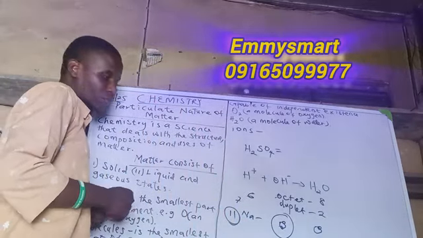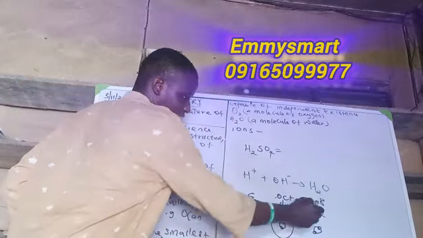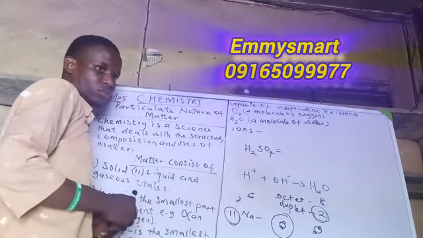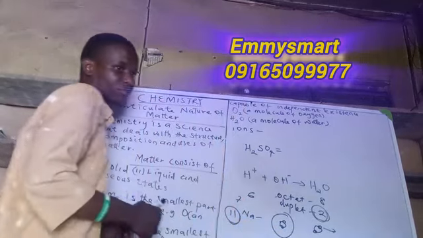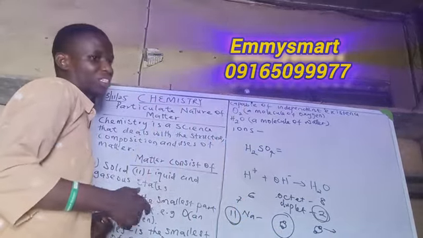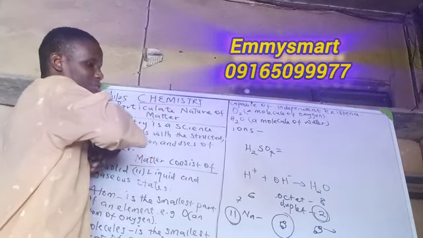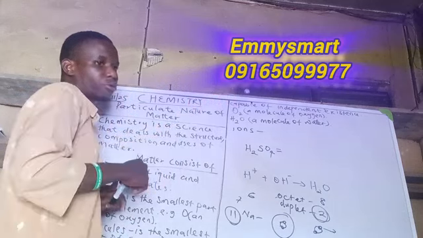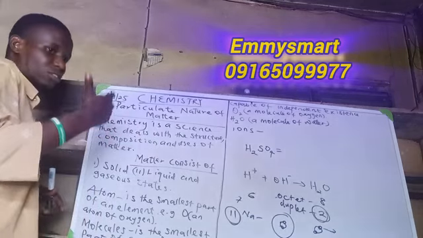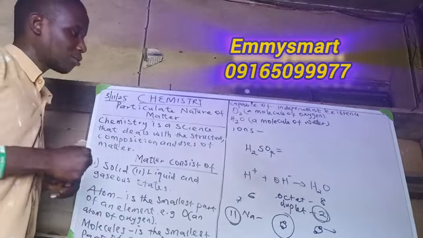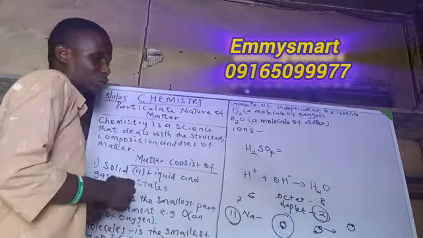It can easily accept another 1 to attain the duplet structure. It can also easily give out this 1 to become stable as well. So it has properties of both group 8 and group 1, because it has just 1 electron in its outermost shell.